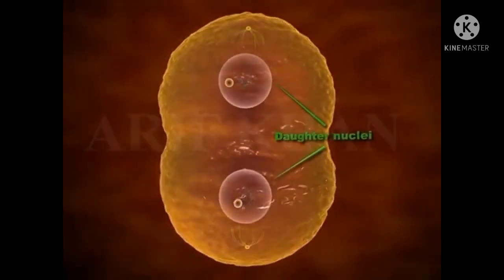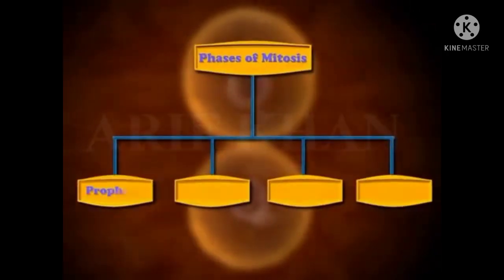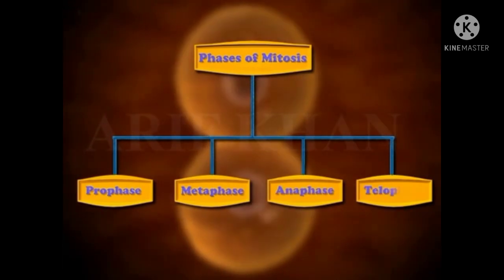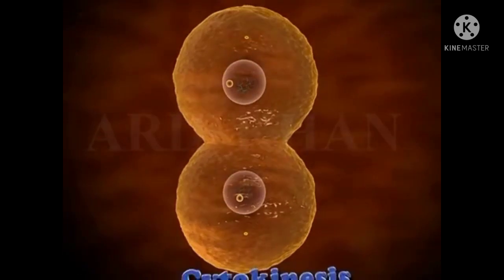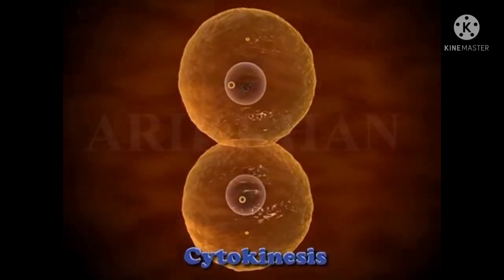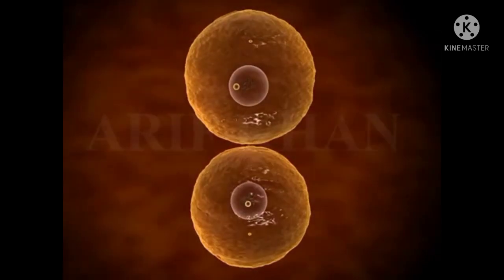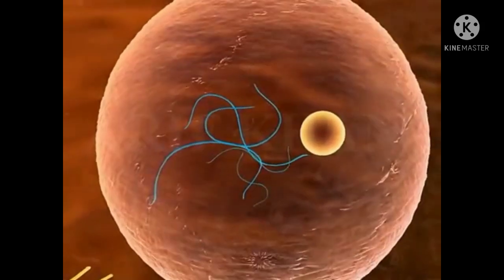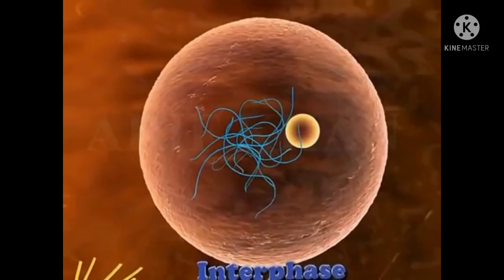It is divided into four phases, that is prophase, metaphase, anaphase and telophase, and an additional phase called cytokinesis occurs after complete nuclear division. Before a cell divides and enters mitosis, it undergoes a period of growth and rest. This period is called interphase.